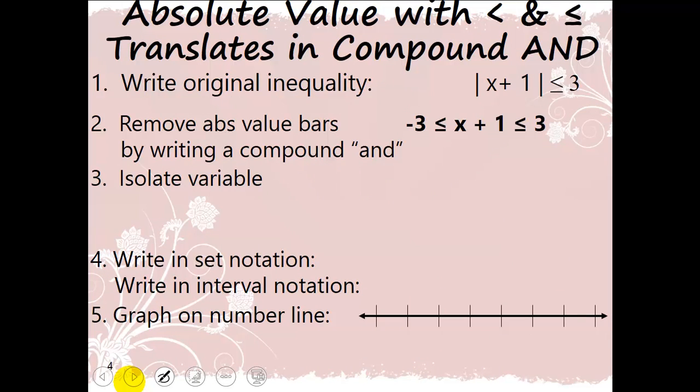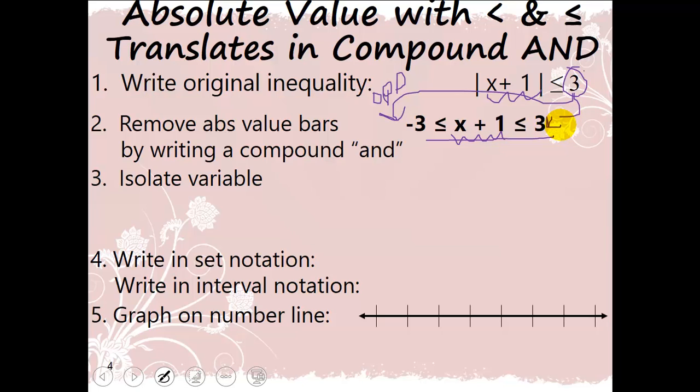So let's use that to help us solve absolute value inequalities with a less than or equal to symbol. So notice that I've already completed this step right here. I took the opposite of 3, which is -3. Then I used the expression inside the absolute value, and then I used the positive of this number, right?